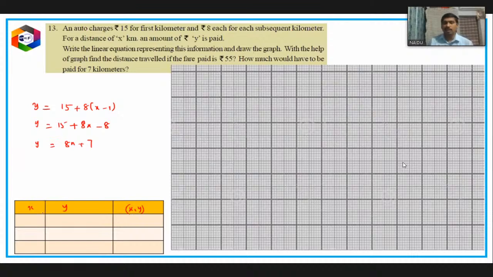If x value is 1, y value will be 8x plus 7, which will be 15, which we have calculated, 1 comma 15. And x value 2, let us take, 2 8s are 16, so which will be 23, 2 comma 23. And this is 3, and the value will be 8 3s are 24 plus 7, which will be 31. So 3 comma 31.